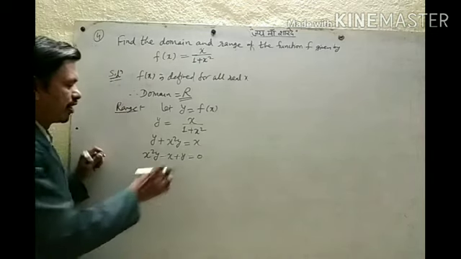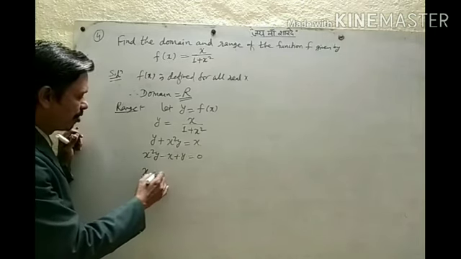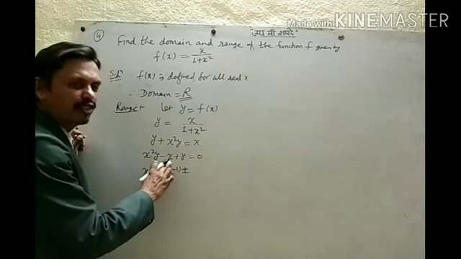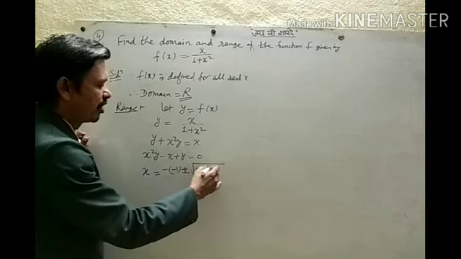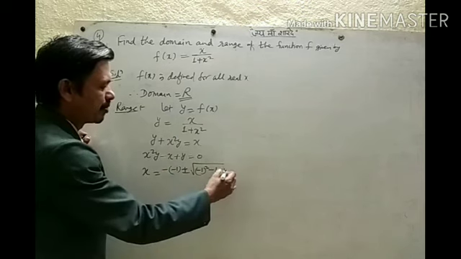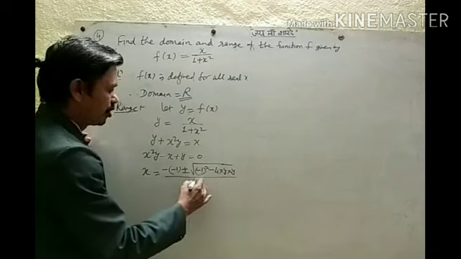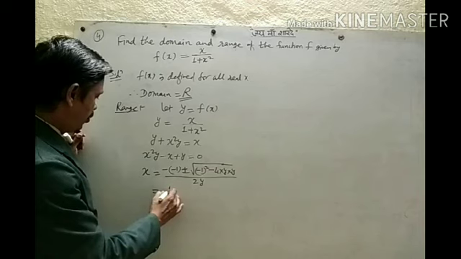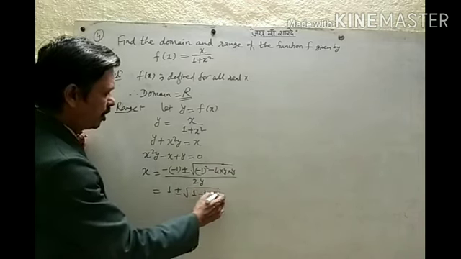So we get one quadratic equation in x, and then we solve it for x. x equals minus b, where b is minus 1, the coefficient of x, plus minus root of b square, minus 1 square, minus 4ac, where a is the x square coefficient, y, and c is y, upon 2a, which means 2y. So it is equal to 1 plus minus root of 1 minus 4y square upon 2y.